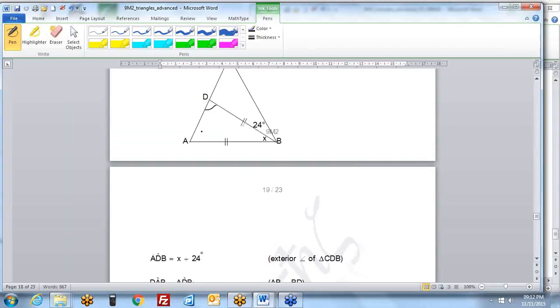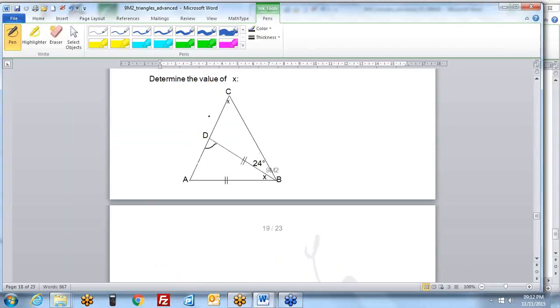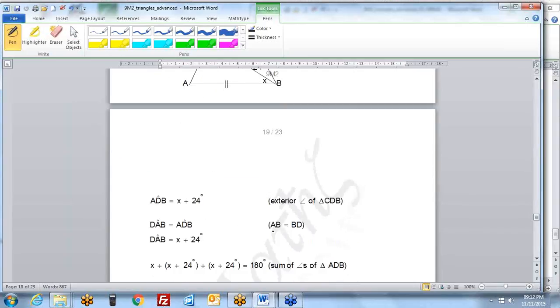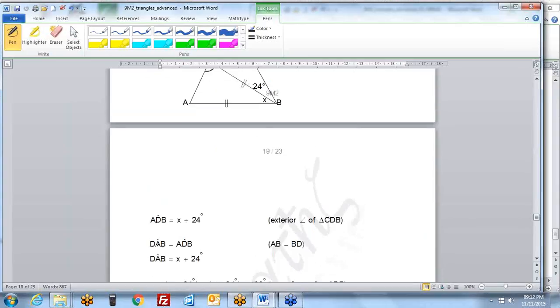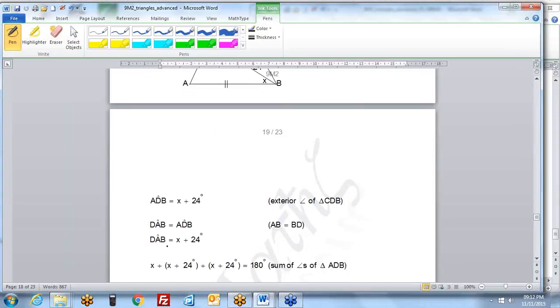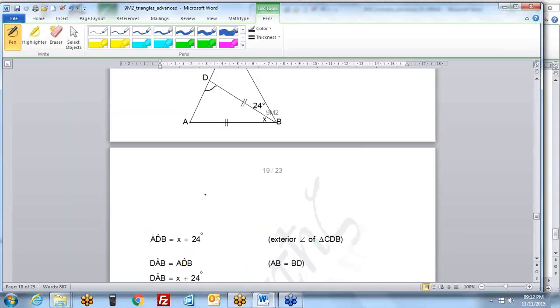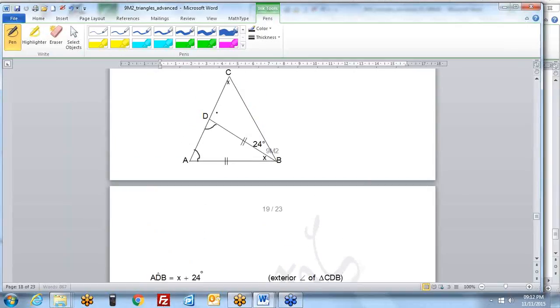Then we say that if this angle ADB equals x plus 24, then angle DAB will also be equal to x plus 24 because AB equals BD. So both these angles are equal to x plus 24 degrees.